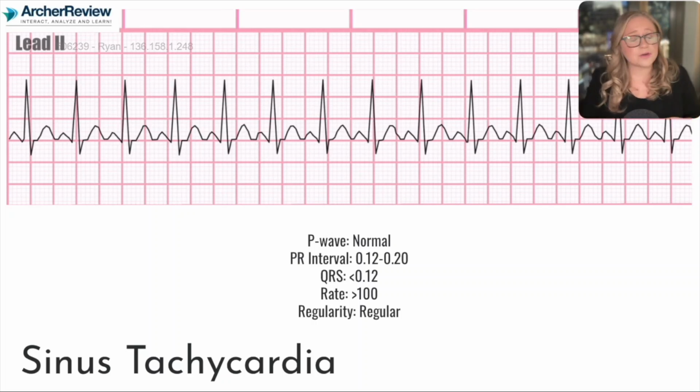The PR interval and the QRS complex, they're normal. And it's a regular rhythm, even spacing between those QRS complexes. The only thing from your 5-item checklist that's abnormal is the rate. The rate for adults is going to be greater than 100. This is a fast heart rate.